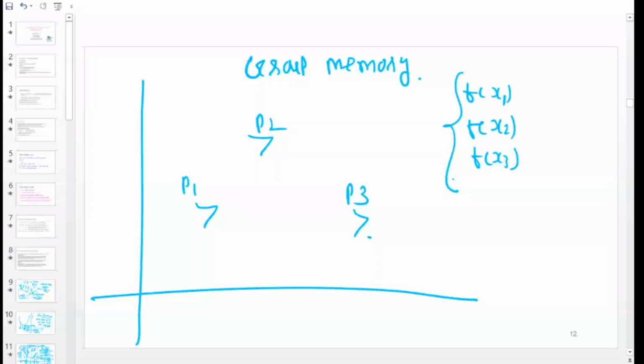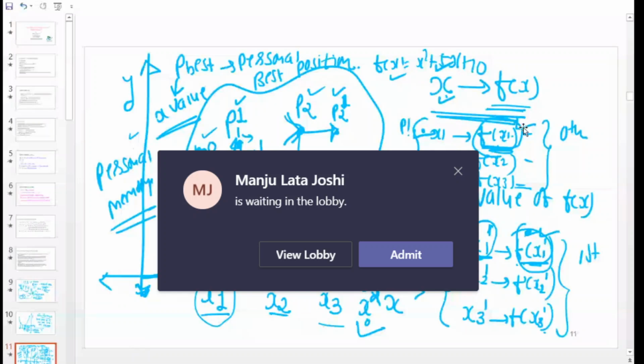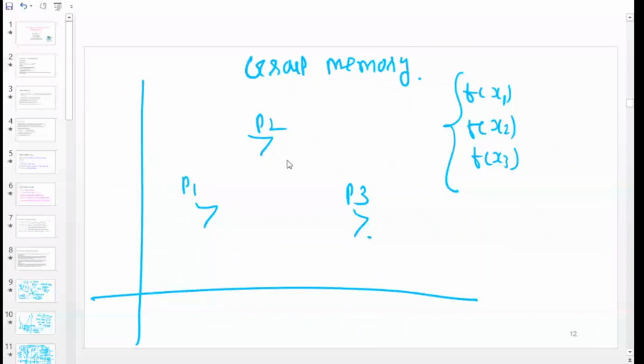Similarly to the previous case, this is f of x1, f of x2, f of x3. Now, using some rule, as I mentioned earlier, every particle changes its position. So this is the new position of particle P1 at the end of first iteration.